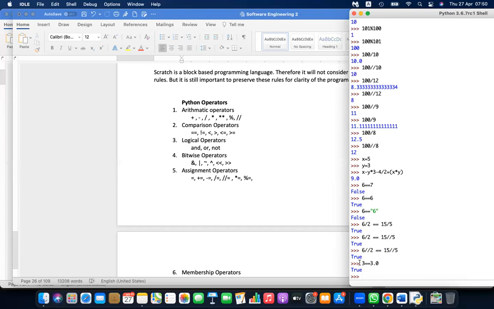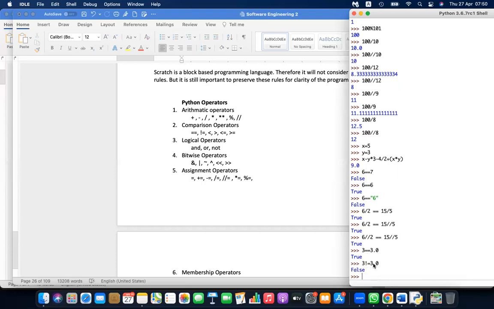Then you can see other things. Not equal is basically checking inequality. Then less than, greater than, less than or equal, greater than or equal. These are operators which can be used to test for equality and inequality.